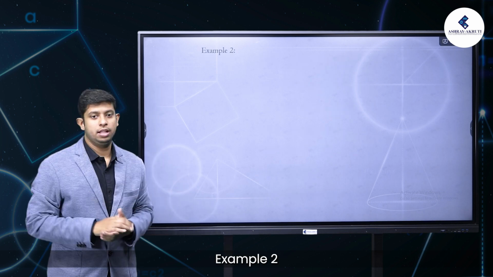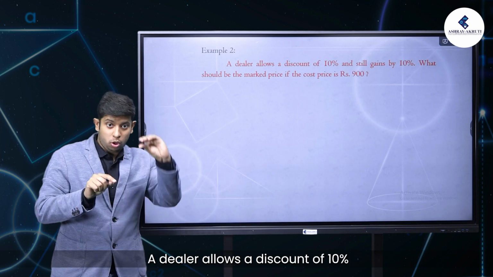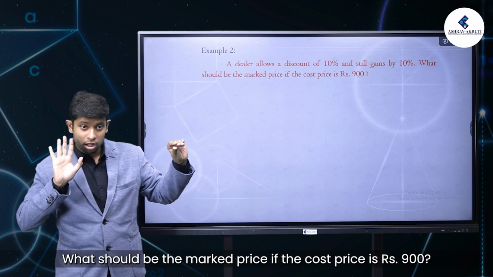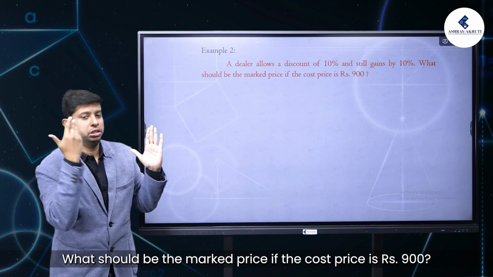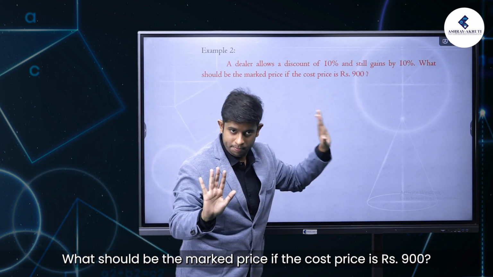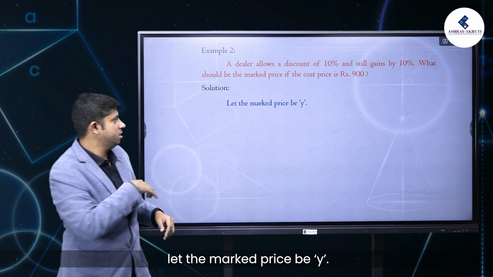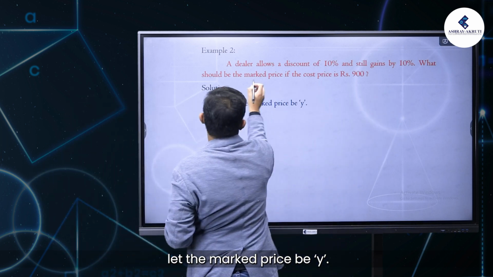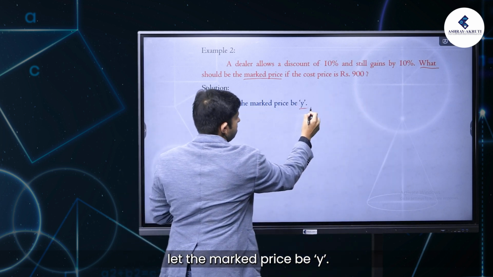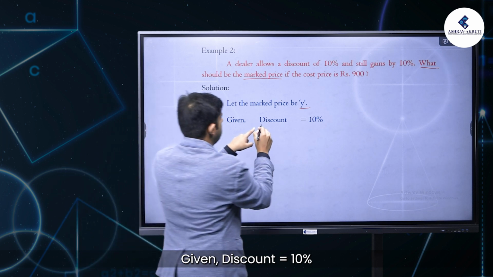Example 2. A dealer allows a discount of 10% and still gains by 10%. What should be the marked price if the cost price is rupees 900? Solution. Let the marked price be Y. Given discount equals 10%.